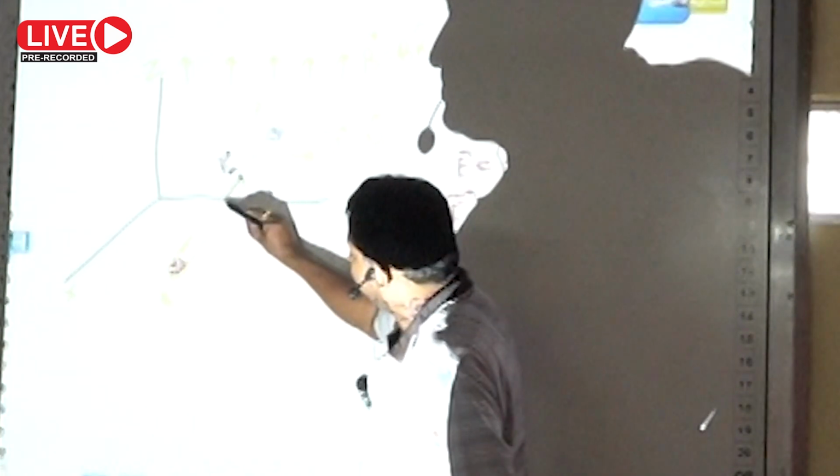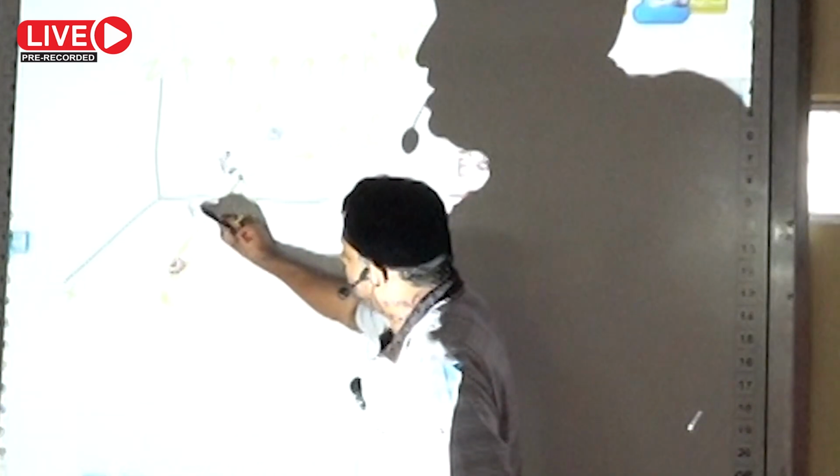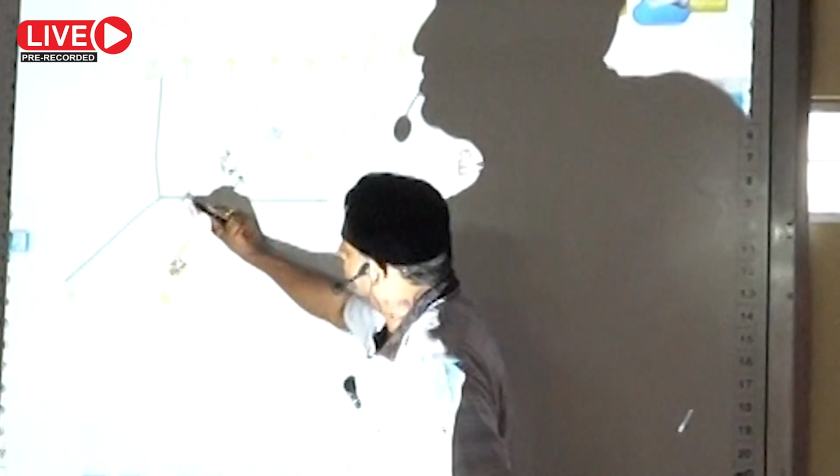This one is not a vector. So I can draw this force on the electron also. That is Fe. Now see, Fm and Fe on the electron are opposing each other.